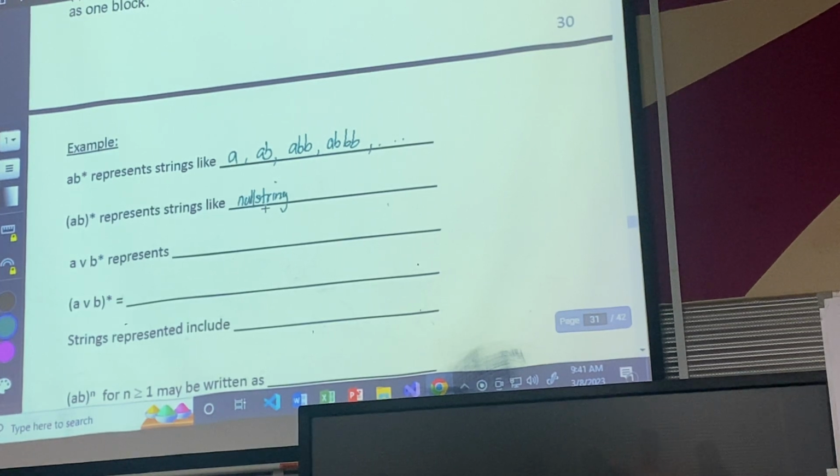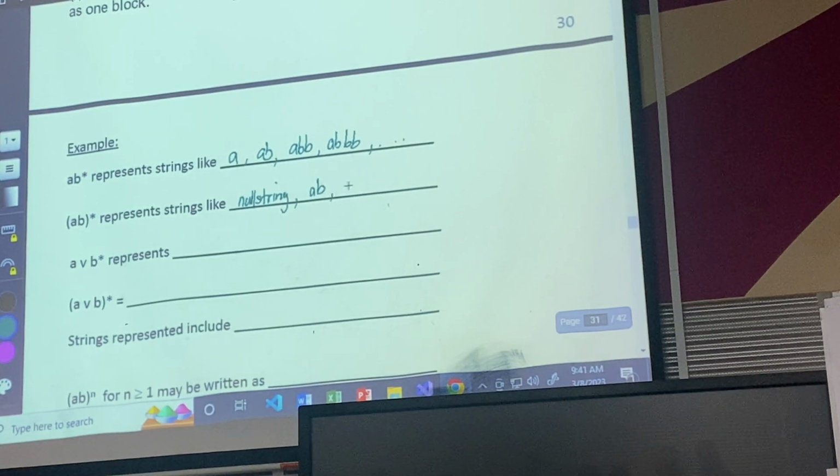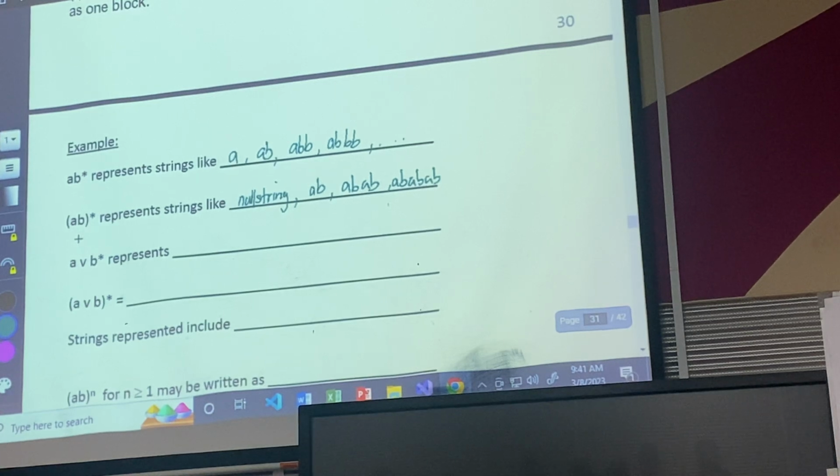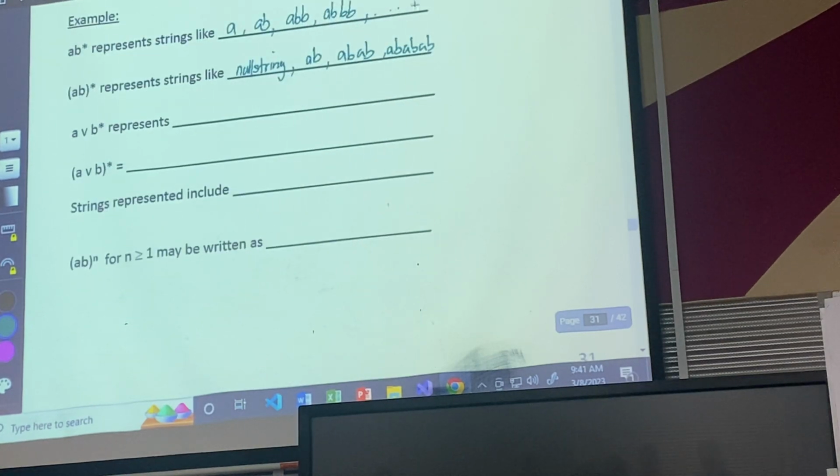Nothing in the string. Or if you repeat one time, then you will get AB. If you repeat 2 times, you will get AB, AB. 3 times, AB, AB, AB. So this is how the bracket functions here. Meaning that when you repeat, you will repeat the AB together. How about this? A or B as string?